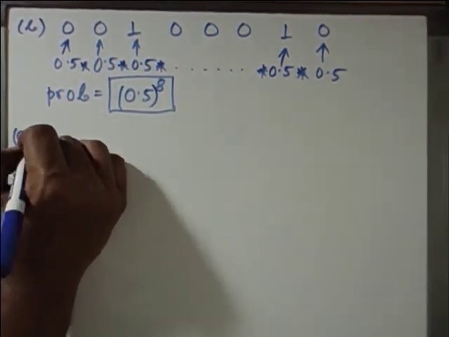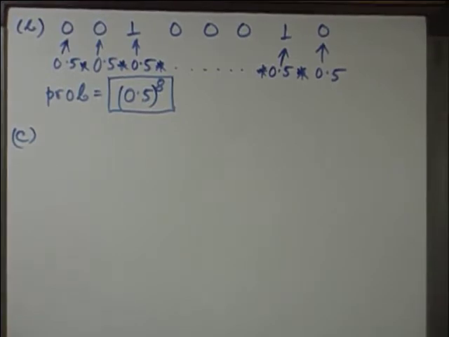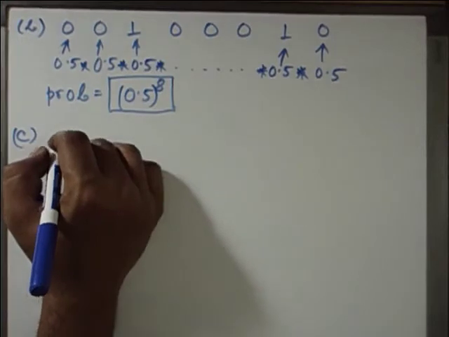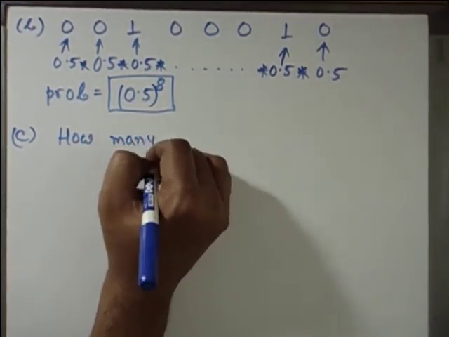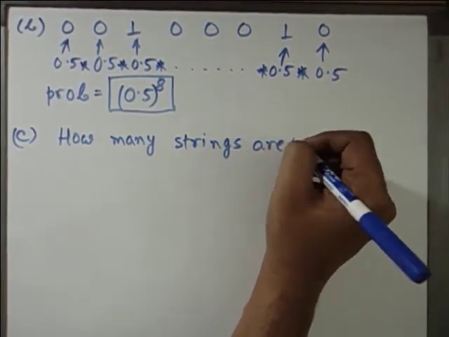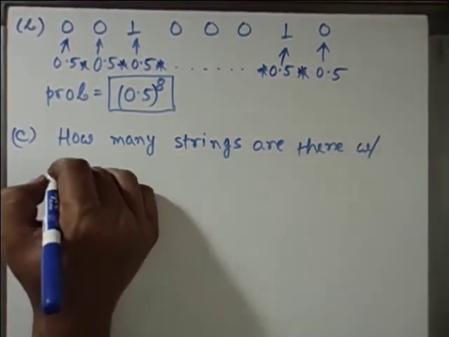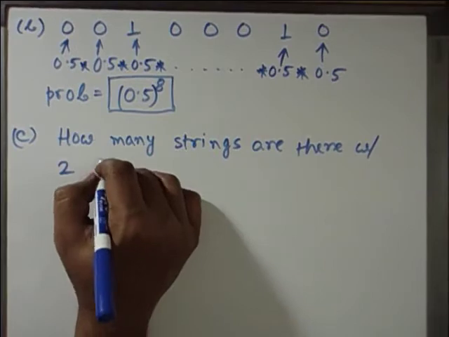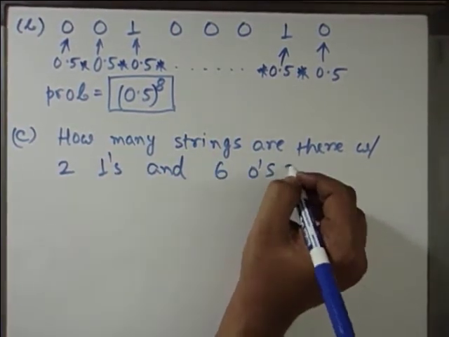Now let's do C. A string with 2 ones and 6 zeros. So how many strings are there with 2 ones and 6 zeros?